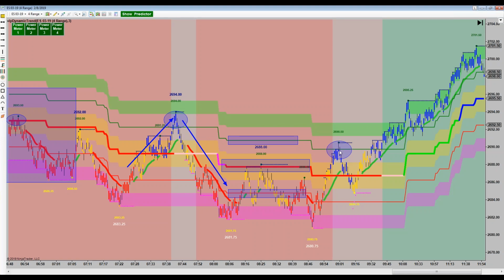Now, if we look at this one versus this one, you can clearly see what the difference is. What's the difference between this deep retracement here and this deep retracement over here?